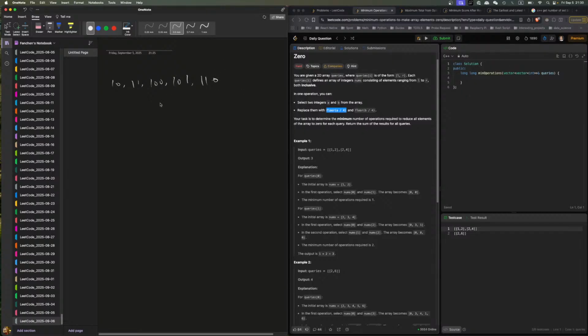So each operation you can only take 2. Because of the right shift, I say, okay, how about I take these 2? Then they all require one operation. So now for 3 digits, 3 digits require 2, so you take another 2. You will do 5.